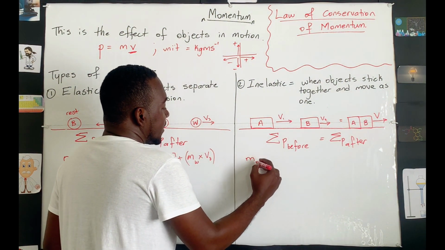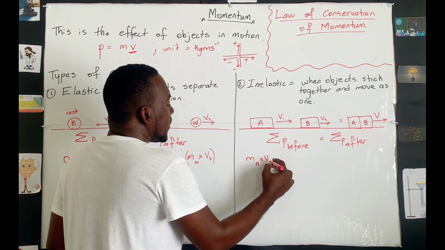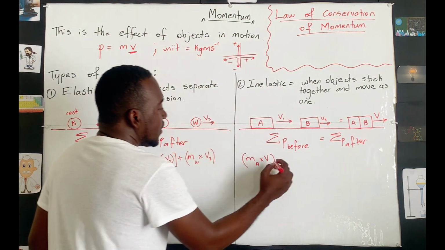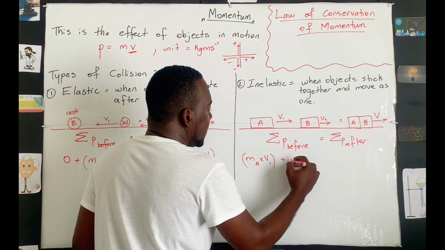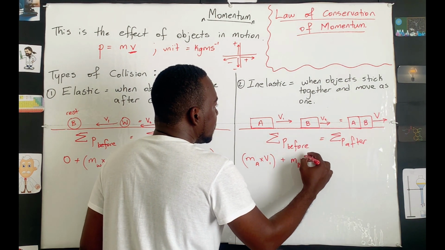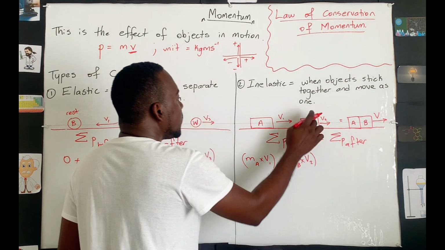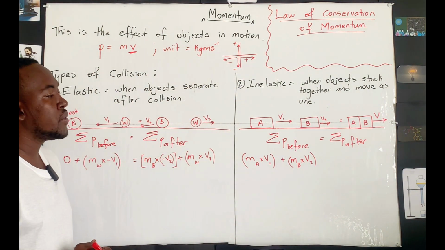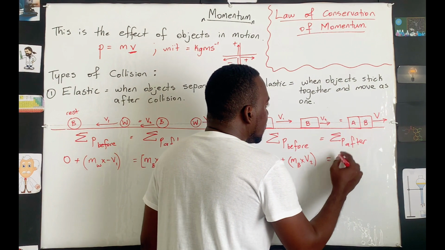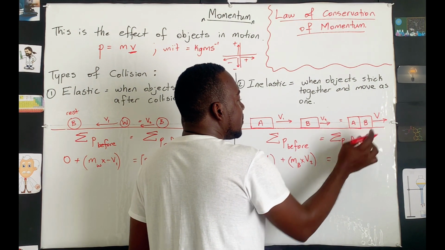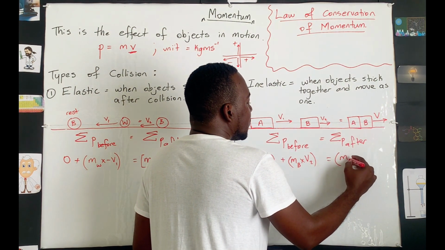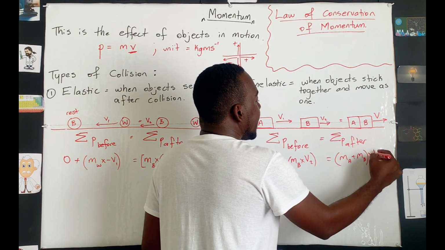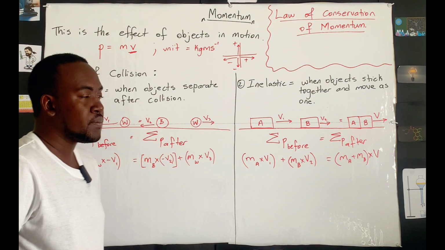So it would be the mass of A multiplied by its velocity, and it's positive because it's going to the right, plus the mass of B times its velocity, which is v2, because it's also going to the right. When we add those two momentum together, it will be equal to the sum of the momentum of A and B moving together. So it's now the mass of A plus the mass of B multiplied by the velocity v.